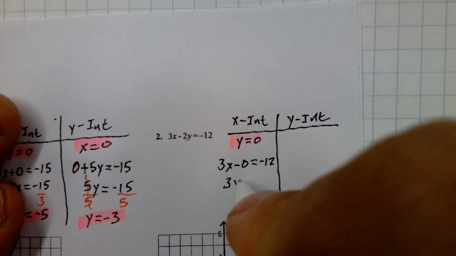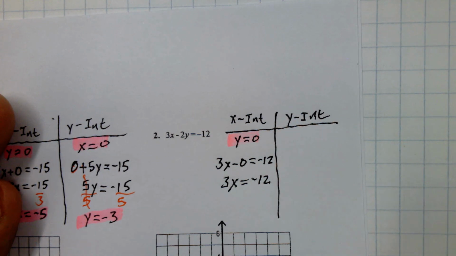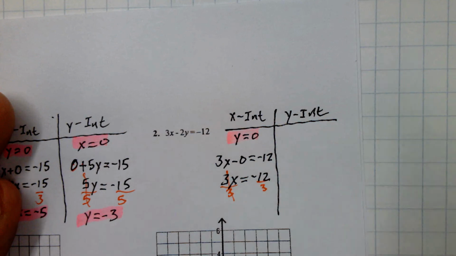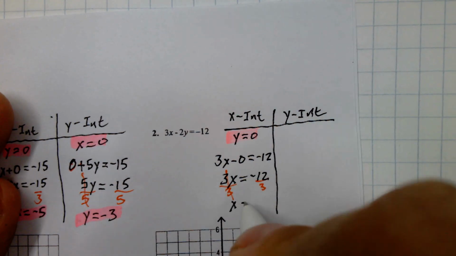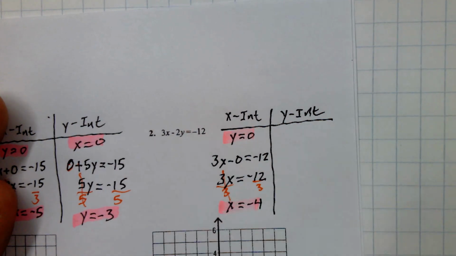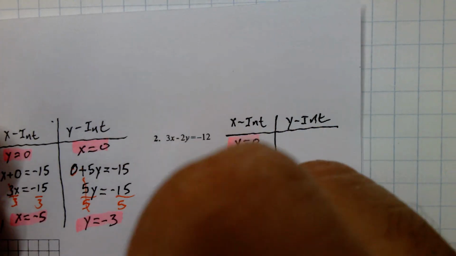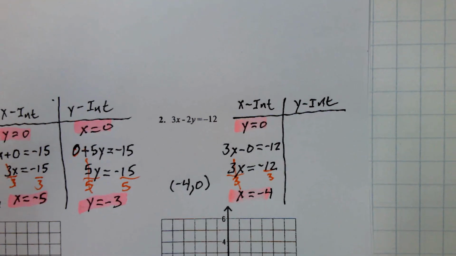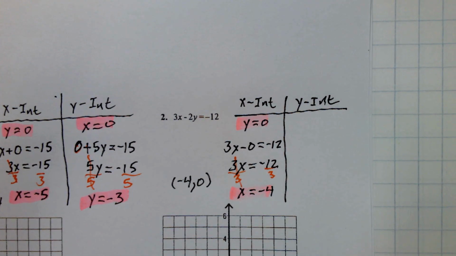So 3x equals -12. We'll divide away the 3. And what am I going to get? X is -4. So there are my coordinates, -4, 0. Okay, there's one.